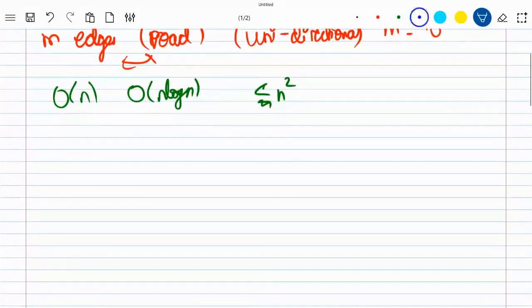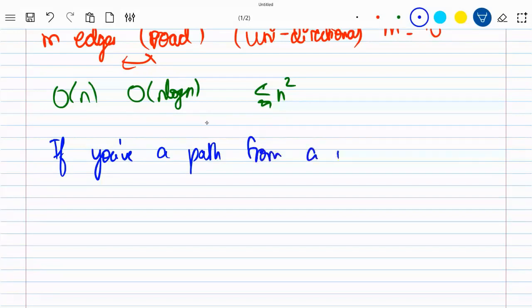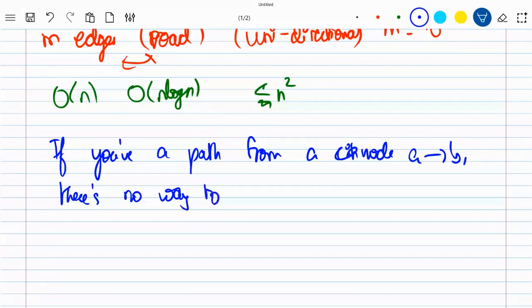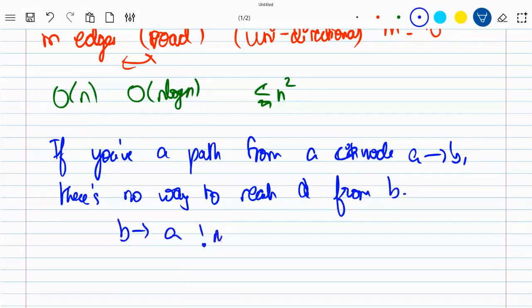So they've given us an important statement. If you have a path from node A to B, there's no way to reach A from B. That is, B to A is not possible.